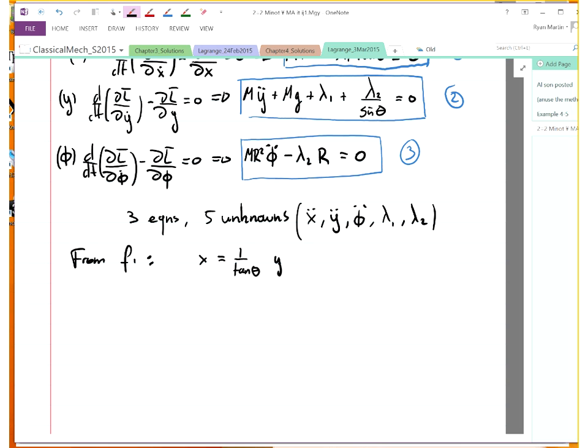It's the angle of the plane. So if x equals 1 over tan theta times y, I can just take the time derivative of this equation. So I'll get x dot equals 1 over tan theta times y dot. That must still be true. You can just take the time derivative of the equation and it's still true. So if I can do it once, I can do it twice.